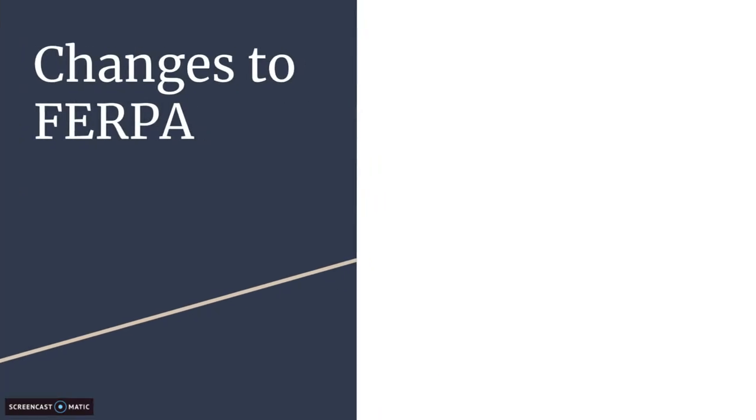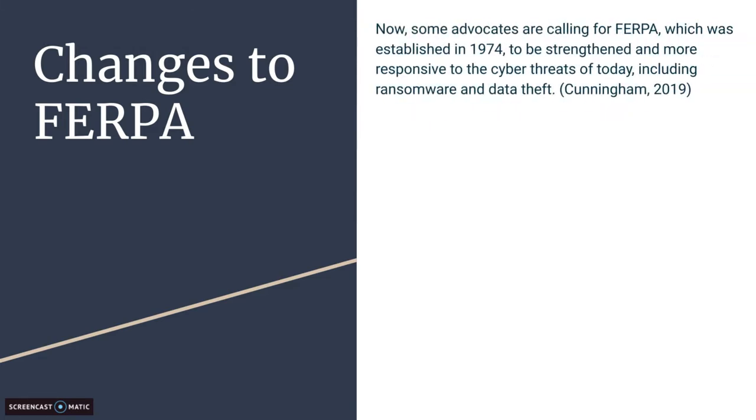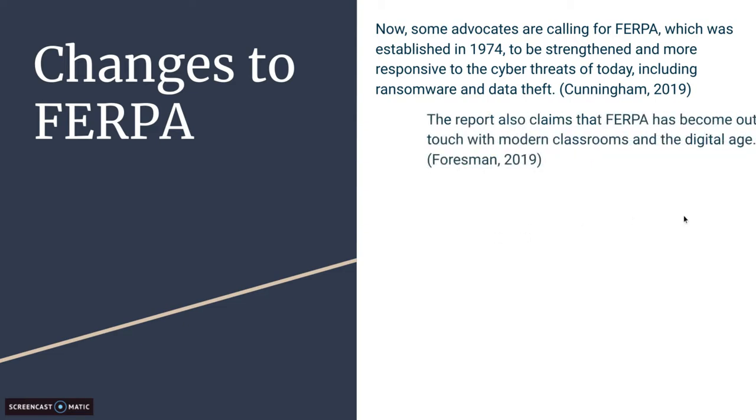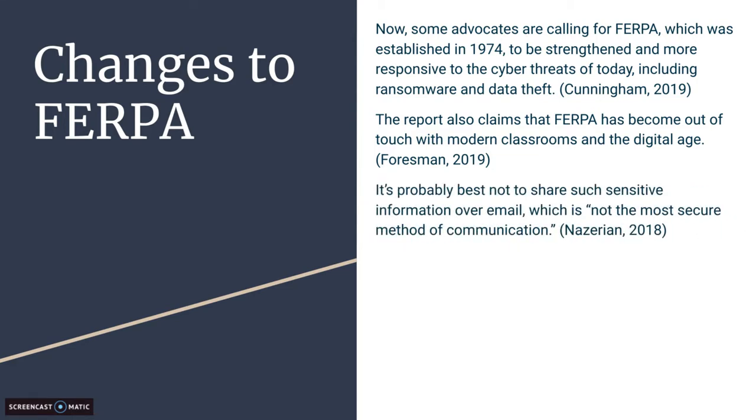So some people are calling for some changes to FERPA, and there's many reasons why. It was established in 1974. And since then, we have moved into a much more digital age, and cyber threats, ransomware, and data theft, all of those things are very prevalent and could call for changes that need to be made to FERPA. A report was claiming that FERPA had become out of touch with modern classrooms and the digital age that we're currently facing.